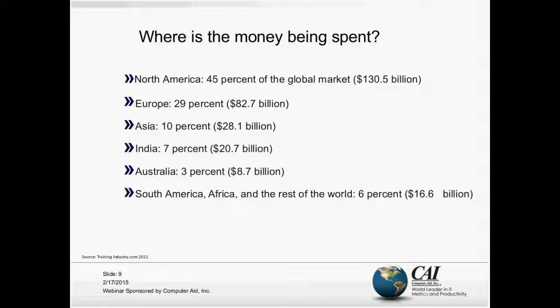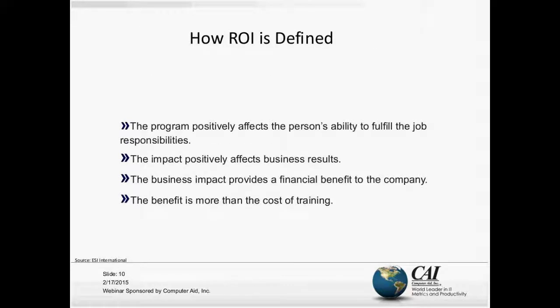So what I'd like to share with you, now that we have an idea of where the money is being spent, is how ROI is defined. How do we define return on investment? You might think that data on return on investment for training is hard to find at best, and you would be correct, because there's just not a lot out there.